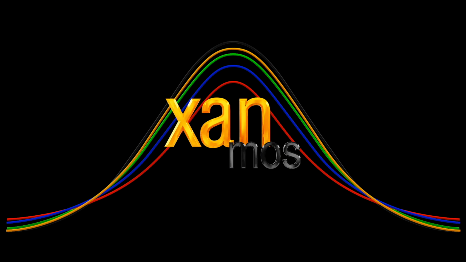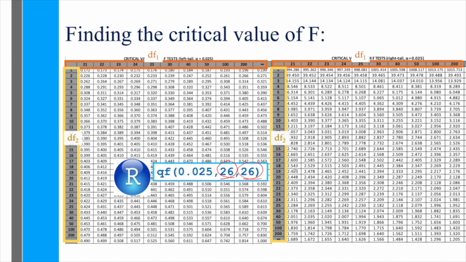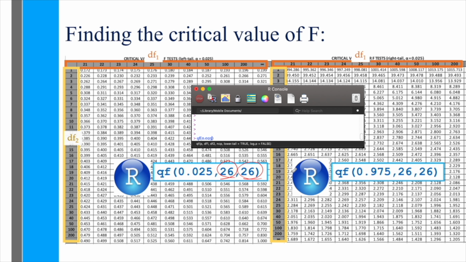And as for the right tail, similarly, our table is limited to some degrees of freedom. So DF1 of 26 and DF2 of 26 cannot be seen on the table. So we're just going to make use of R to generate the critical values. So that is qf 0.975 and then the DF1 and DF2 which are both equal to 26.